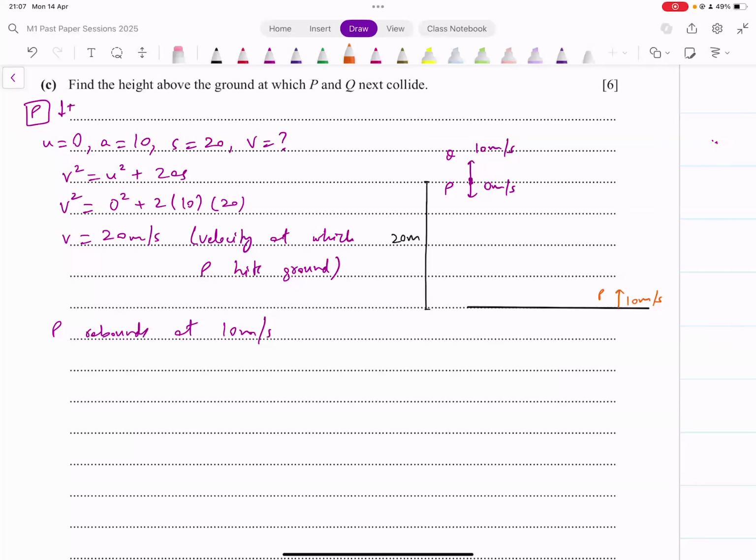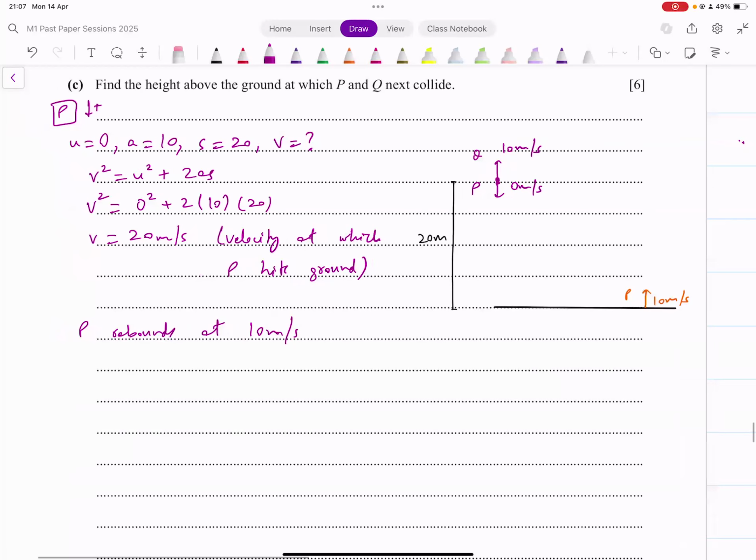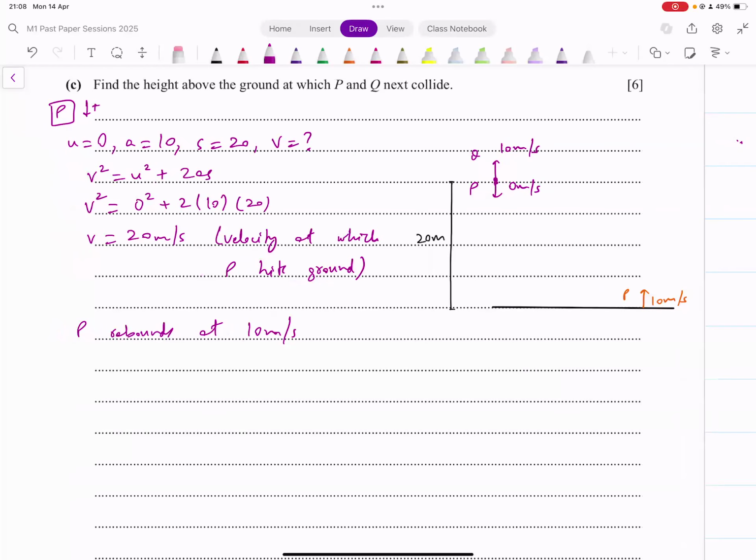For the first part of the journey, only considering how P is moving upwards. So now we take upwards positive for P.